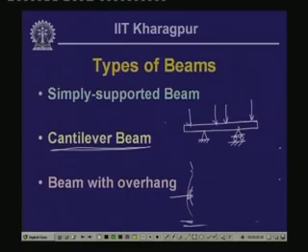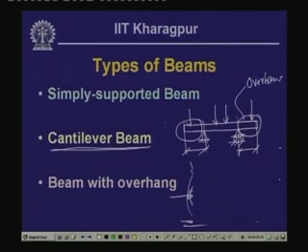Now, here this part of the beam is extended beyond the support point. These parts we generally call overhang. This is the overhang part of the beam. Now, this is a simply supported beam with overhang.